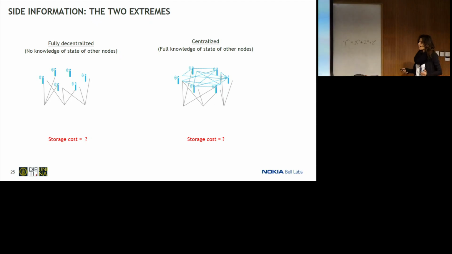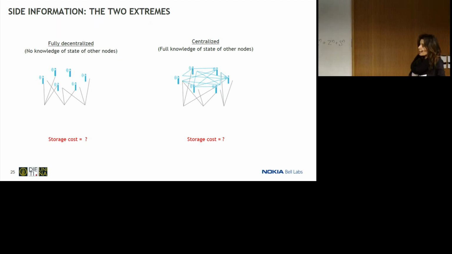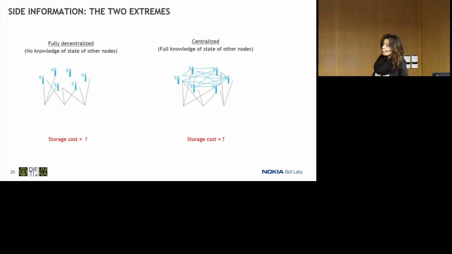So if we want to explore the side information, so the fact that servers can exchange part of the received data they have obtained up to that point, two extreme cases can be easily resolved. The first one is that servers do not know each other's state, so you have a fully decentralized system.